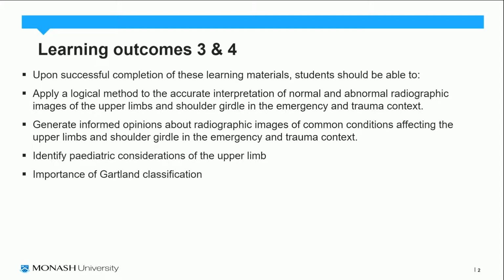Generate informed opinions about radiographic images of common conditions affecting the upper limb and shoulder girdle in the emergency and trauma context. And also, you should be able to identify pediatric considerations. Another important aspect I'm going to mention is the Gartland classification when we get to the elbow.